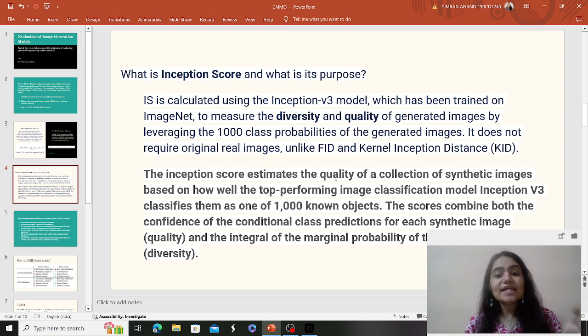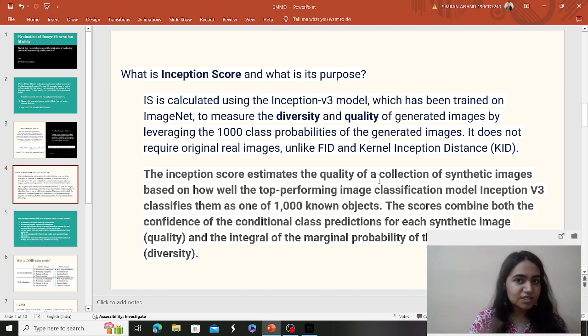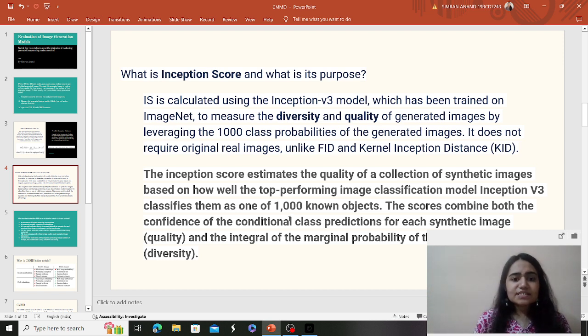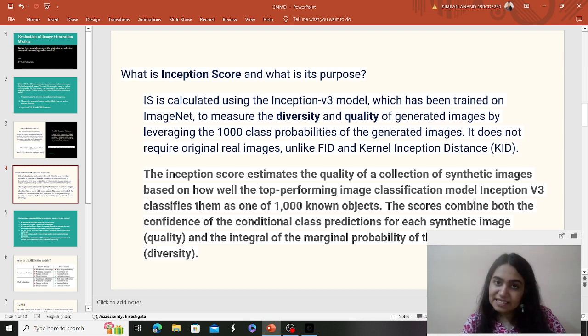Now, the inception score estimates quality as well as diversity of a collection of synthetic images. Synthetic images are generated images, the ones produced by the model, the fake images. It is based on how well the top performing image classification model, Inception V3, is able to classify these images as one of the 1,000 known objects.